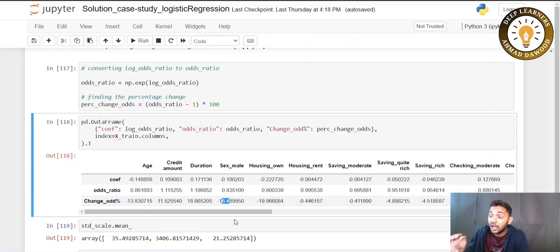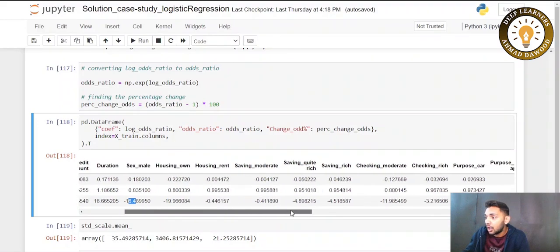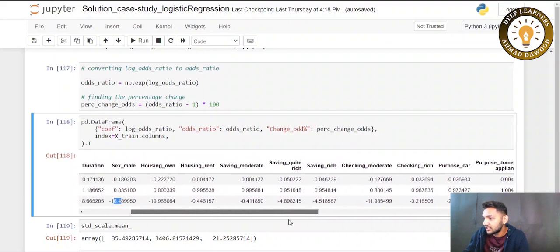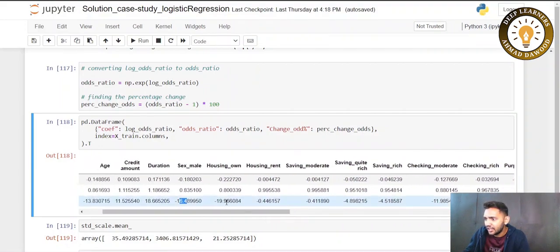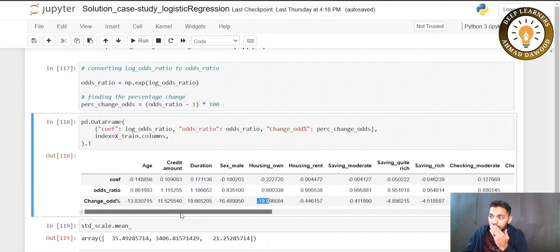Okay, and also we can compare the coefficients, or strength of the relation, with other variables. Out of all variables, if we see this is minus 99. Okay, this housing own has about 20% correlation with the target column.